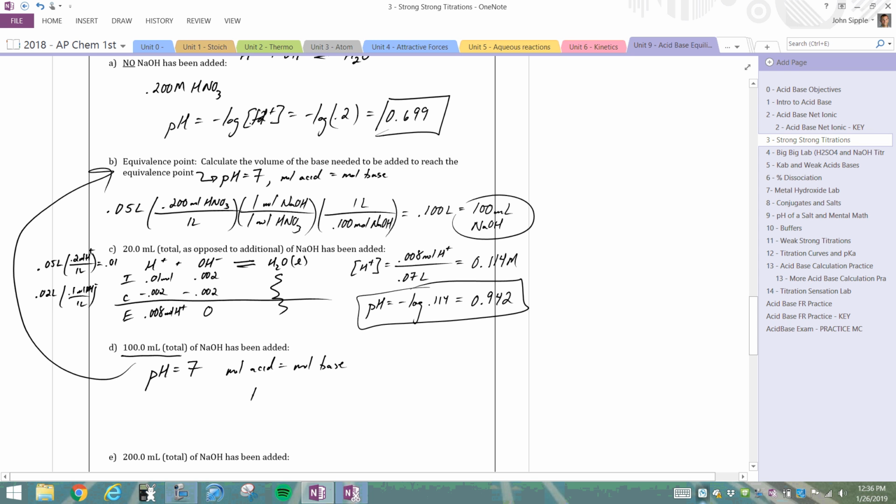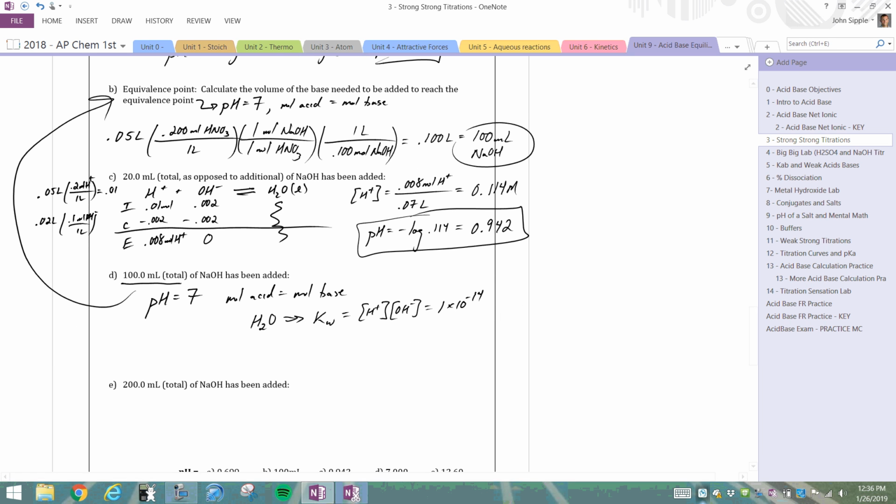So that means that Kw is equal to H plus times OH minus, which is equal to 1 times 10 to the minus 14. Just to prove it to you, both of those equal 1 times 10 to the minus 7.